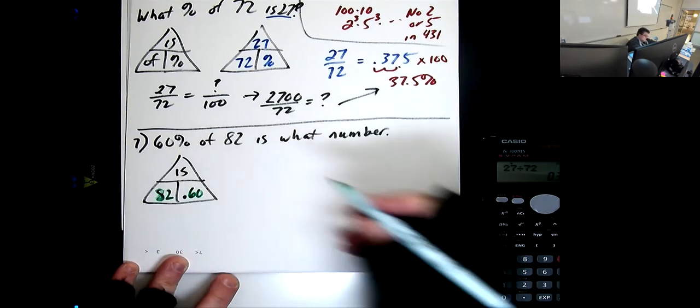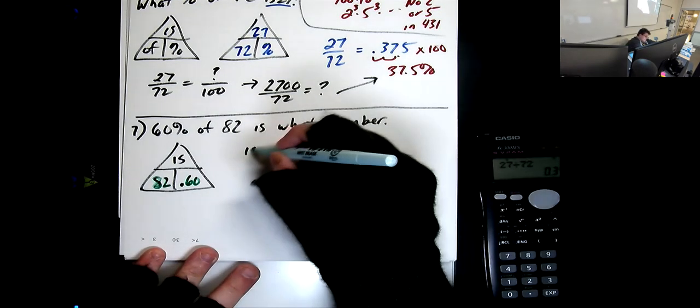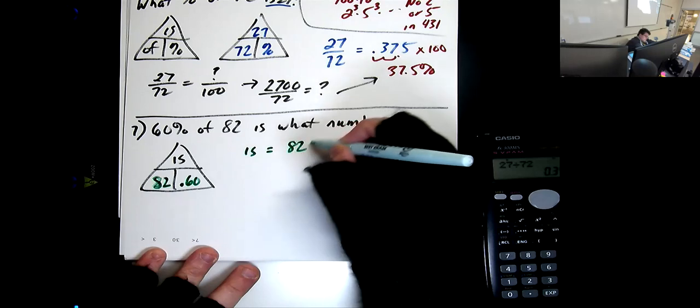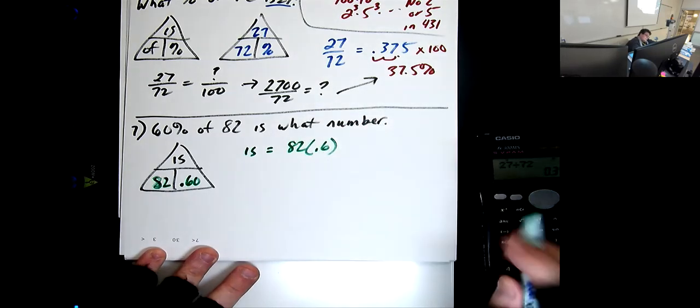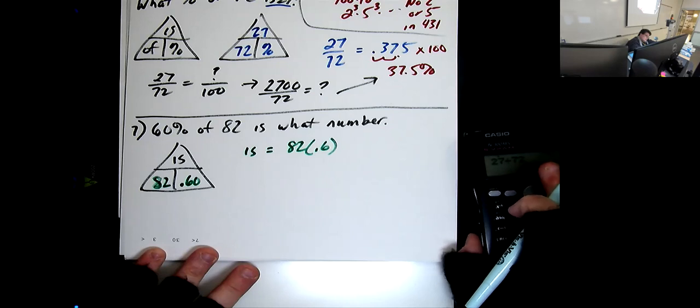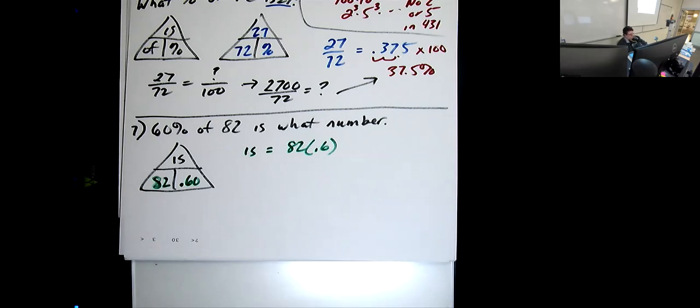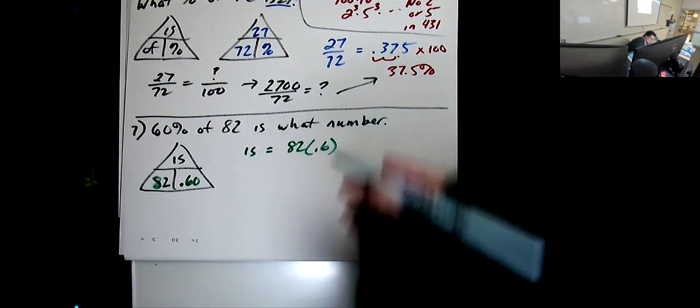I'm going to write it as a decimal. So my is going to be 82 times 0.6. Let's see, we've got 49.2. Did I do that in my head right? Yep. Damn, I'm good.